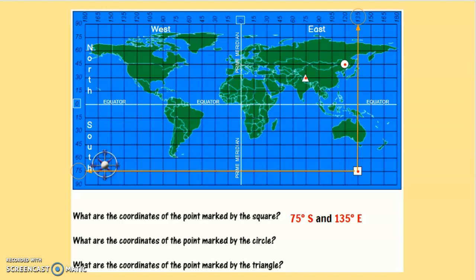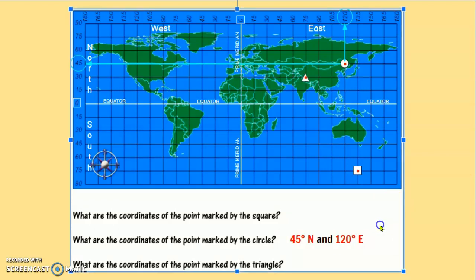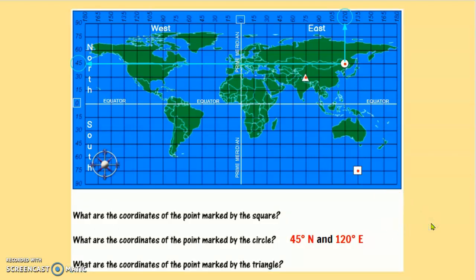Now the circle is next. Do you see it north of the equator or south of the equator? Right, it's north of the equator. So it is 45 degrees north and still in the eastern hemisphere. So it is 120 degrees east of the prime meridian. 45 degrees north, 120 degrees east.